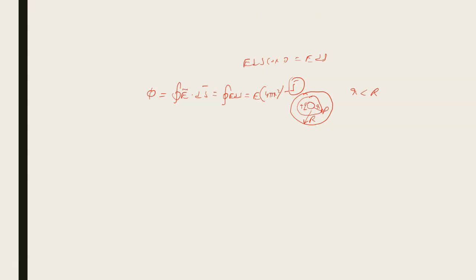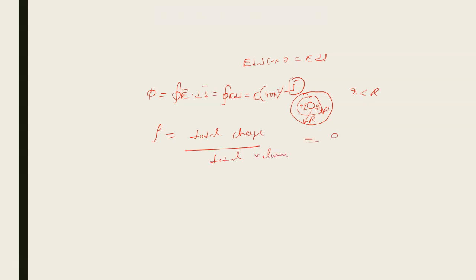Now let us calculate the total charge contained inside the Gaussian surface. As the charge is uniformly distributed throughout the uniformly charged sphere, here comes the concept of volume charge density, rho, that is the total charge divided by the total volume.